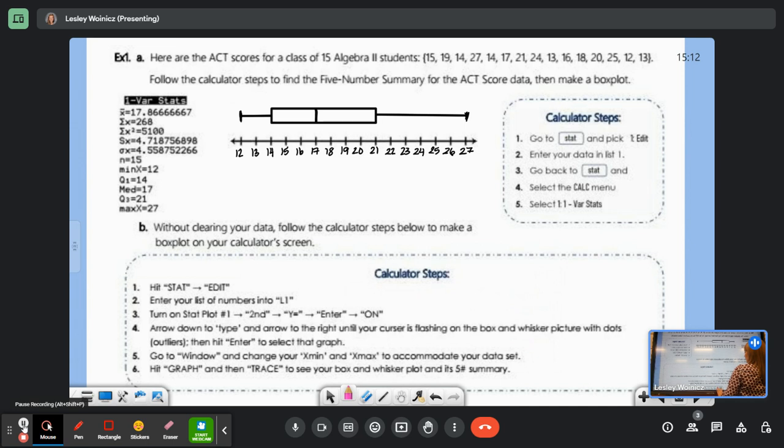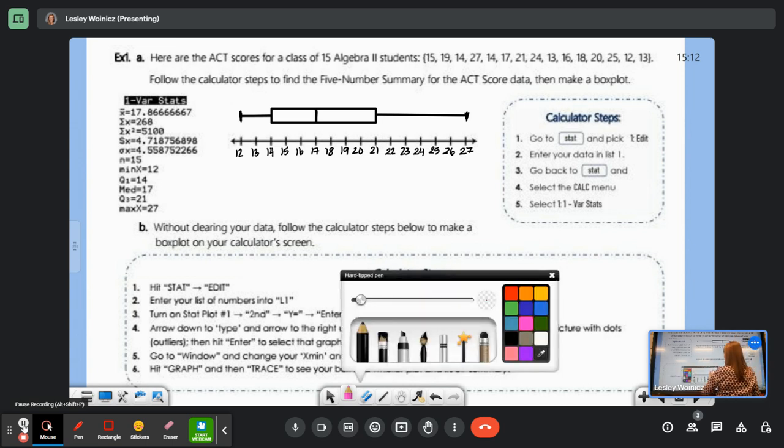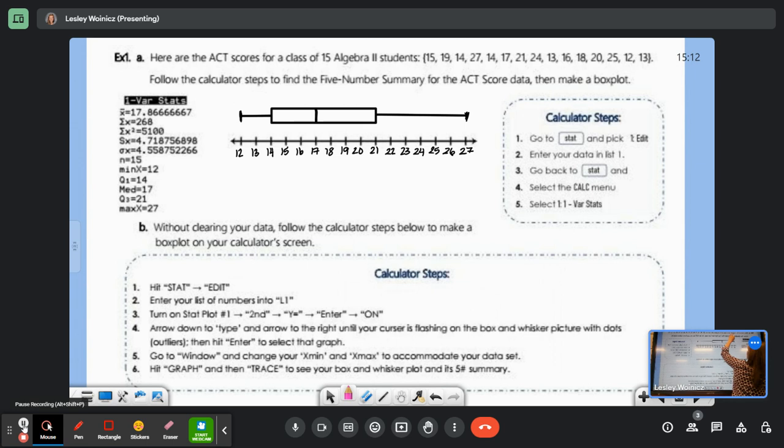Okay, I need a title for my box plot. So what is this score? This is ACT scores. Okay, now remember from yesterday we said that we're going to label our things.